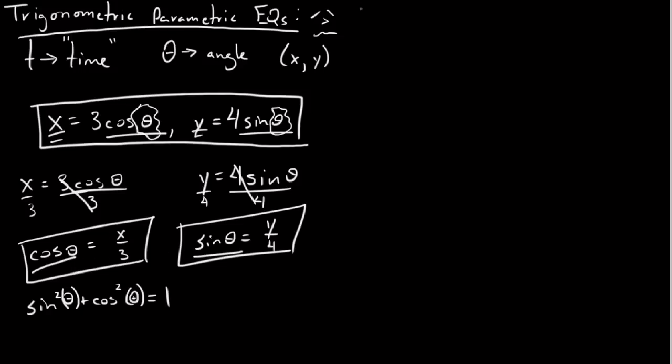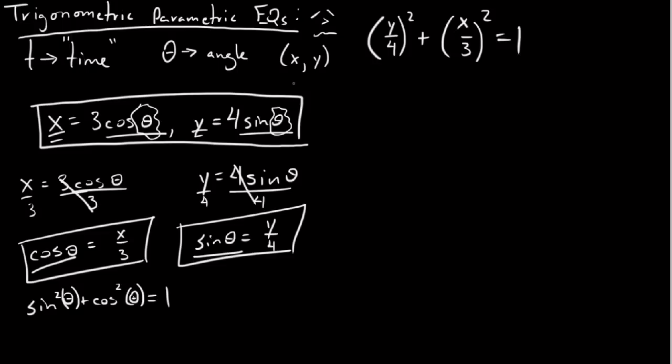So if sine squared theta plus cosine squared theta is 1, and sine squared theta is y over 4 squared, plus cosine squared theta, which is x over 3 squared, is equal to 1.